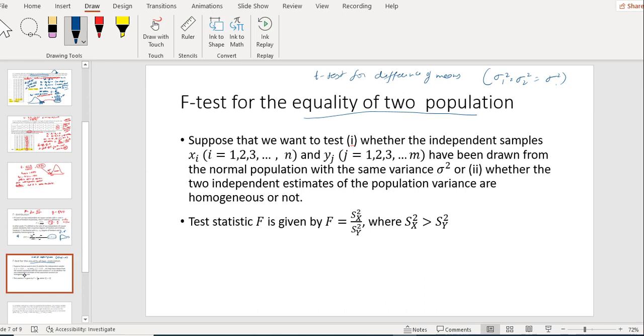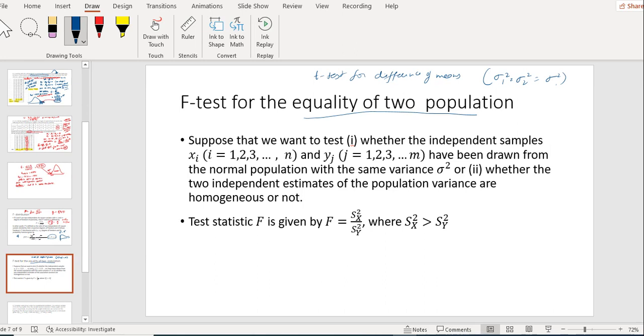So when we draw two different samples from the population, the condition is that their variances should be equal. Only then can we apply a t-test for the difference of means. When we solved the problems, we already used this as an assumption that their population variances are equal. But sometimes it is not given in the question.